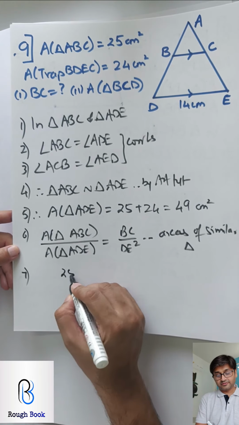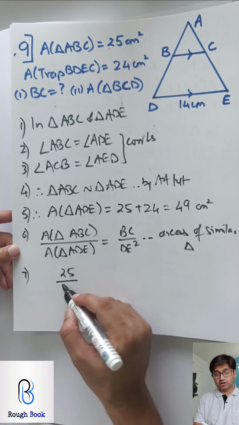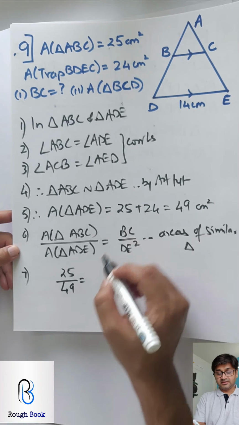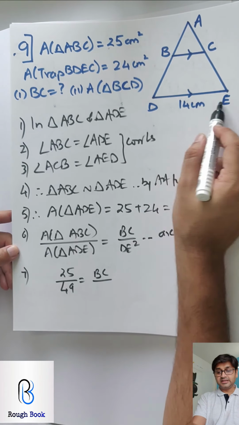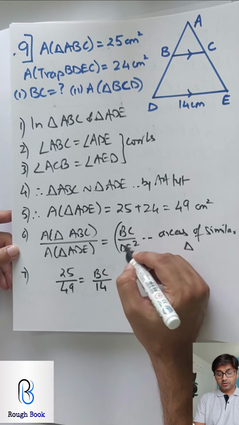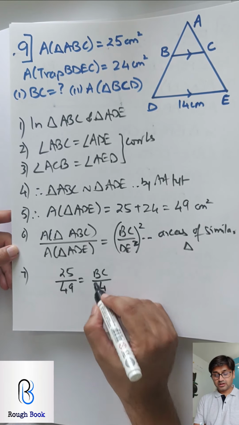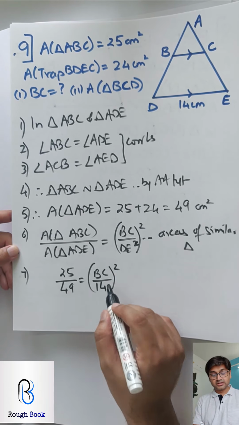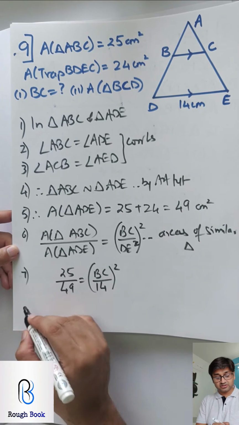ABC is 25, ADE we just got 49, BC we don't know, but DE is 14 and whole square. I forgot to put square here. So the whole square. Solve this, you will get the value of BC straight away.